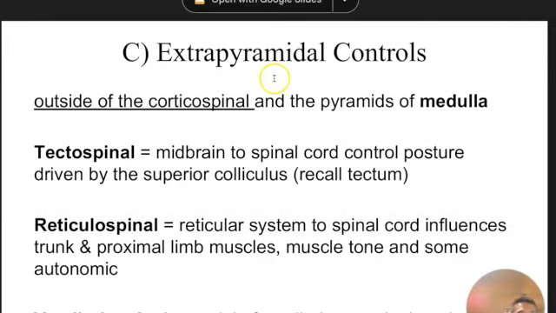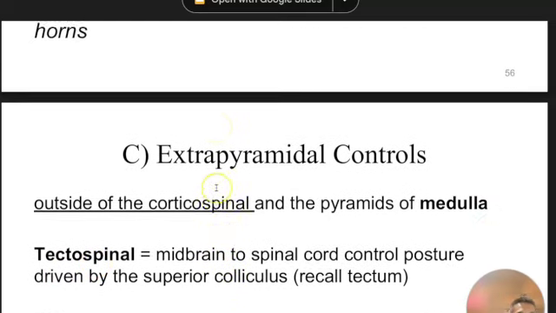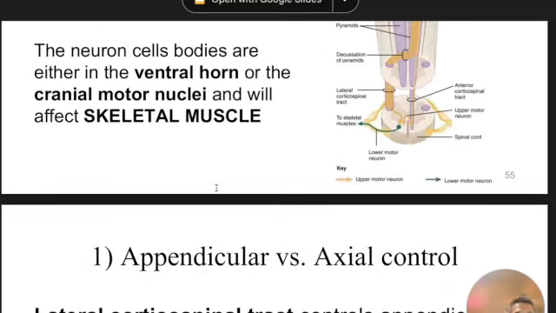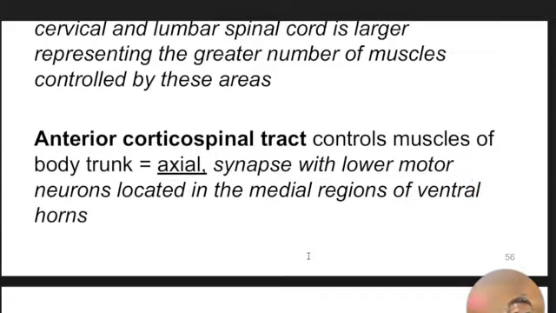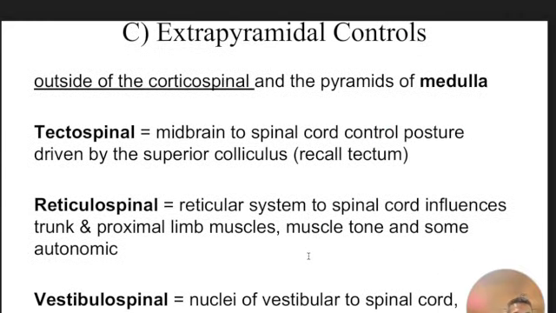Extrapyramidal control is outside of the corticospinal, the pyramids of the medulla. Here are the pyramids. It will decussate, meaning it will cross over at the pyramid. So this is what they're talking about, the pyramid of the medulla.